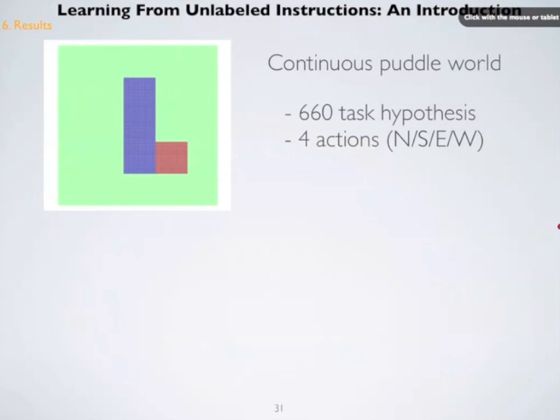So our first experiments will consider a puddle world where the robot must reach a particular area, here in red, while avoiding another area, here in blue. The robot can perform 4 different actions, north, south, east, and west. We generated a number of 660 hypotheses composed of all possible combinations of this red and blue area.